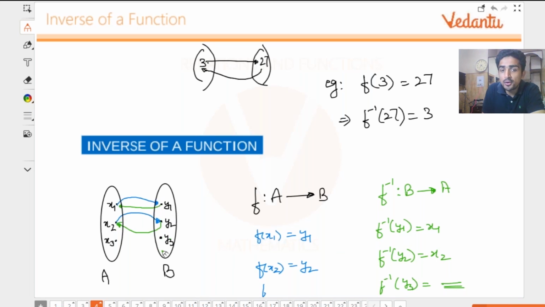So f inverse will not be a function. This is the element in B which is not going anywhere. So the first condition for inverse to exist is that the function should be onto. Only then will every element be able to go back. Otherwise a few will be left here, they'll not be able to go back, and f inverse will be no more a function.